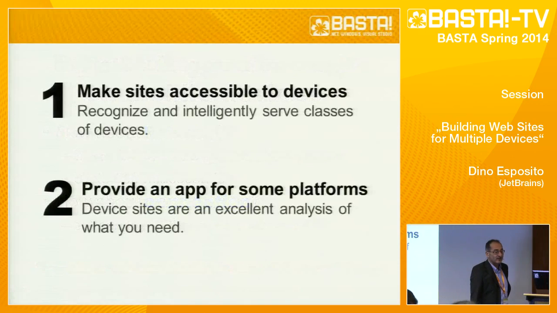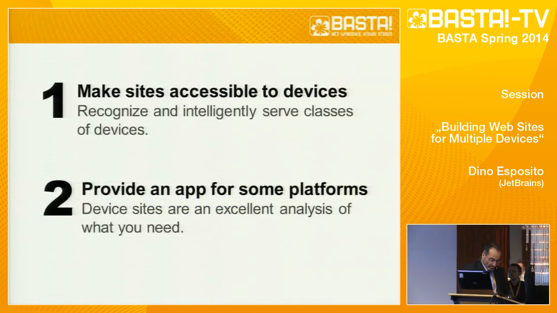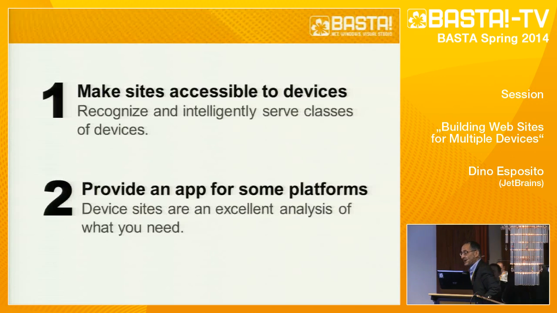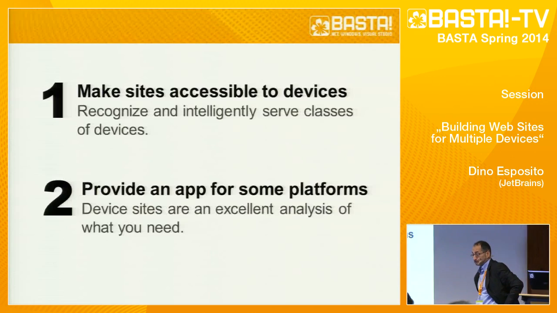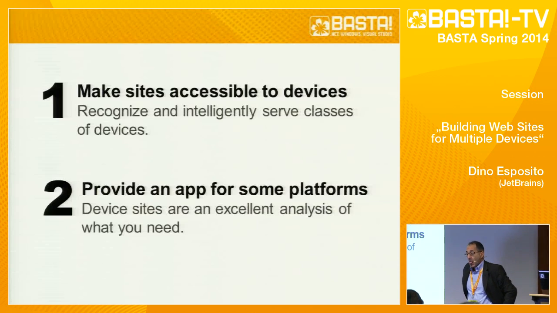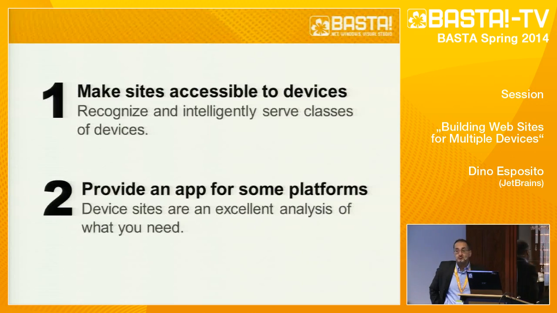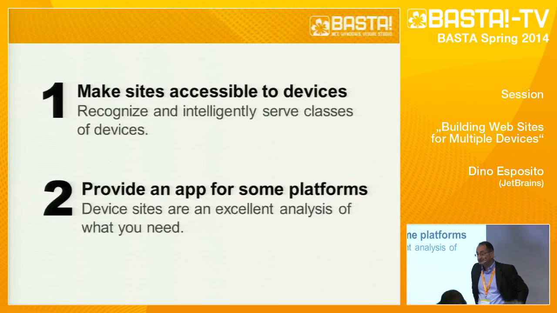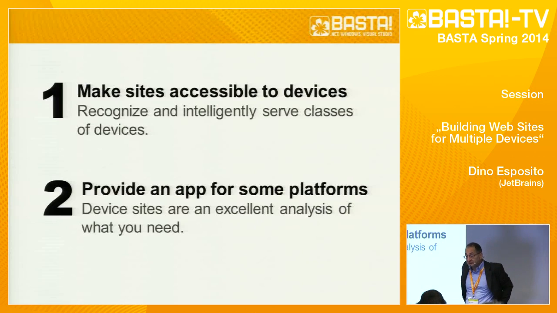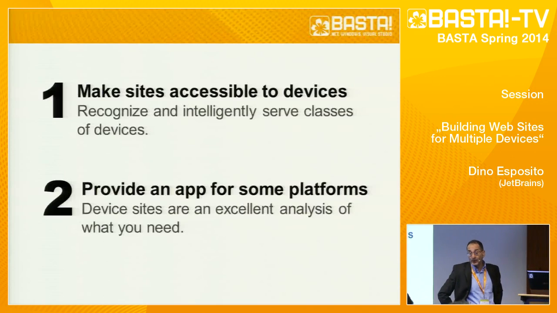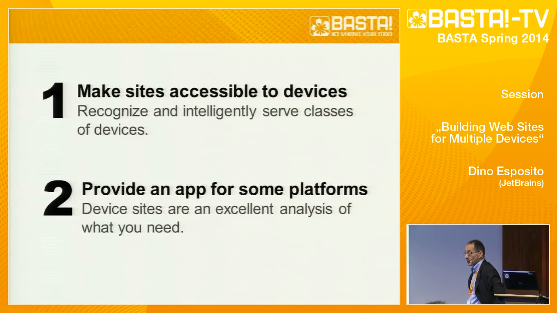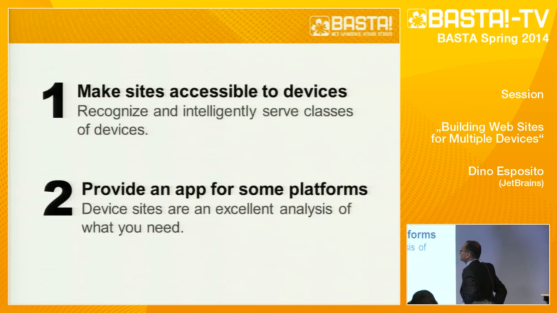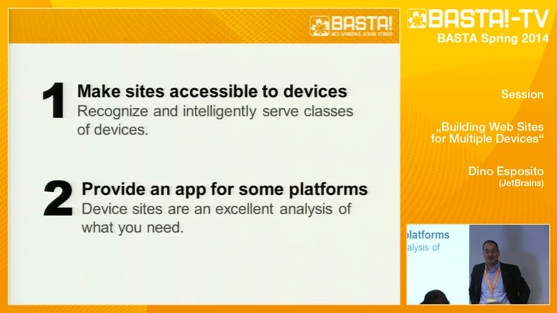So, two steps for a strategy that can help us address the challenge of mobile. Number one, my humble opinion, again, is make sites really accessible to devices, which essentially means recognize the device, at least the class of the device.